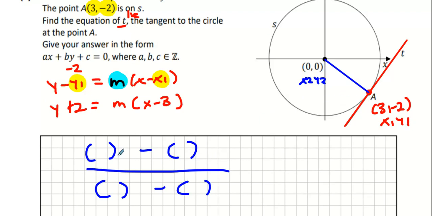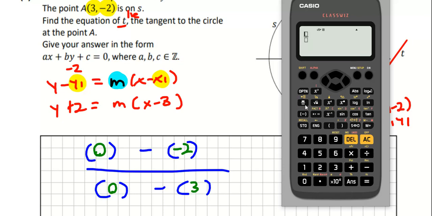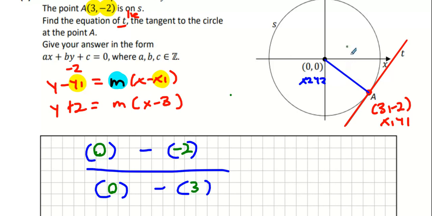So it's going to be y2, which is 0, minus 2, all over 0, take away 3. This is a negative slope of minus 2 over 3, and you're expecting a negative slope because we're going downhill.